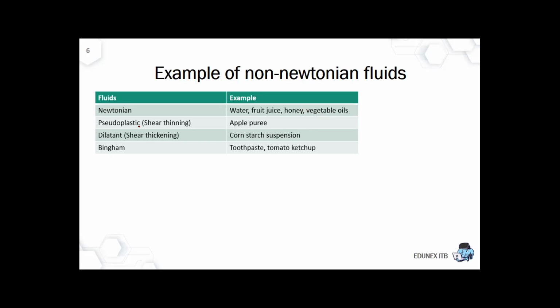For pseudoplastic, apple puree. Maybe you like to watch MasterChef or whatsoever. I don't know the difference between puree, juice, ketchup, or whatsoever, but it's called apple puree. Then dilatant, for shear thickening: cornstarch suspension. For Bingham: toothpaste, tomato ketchup.